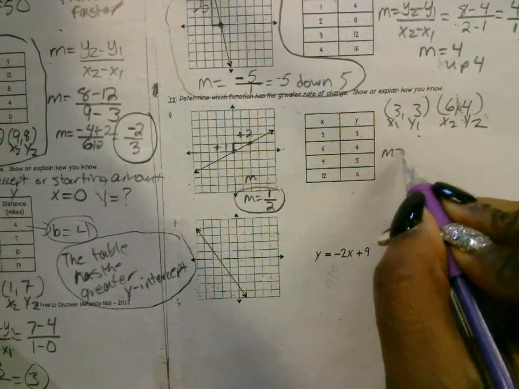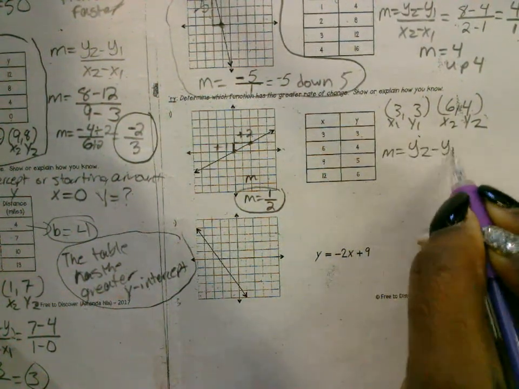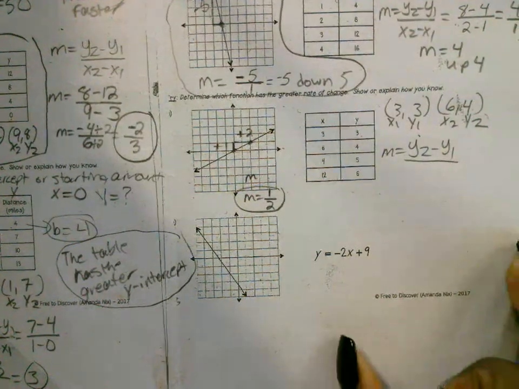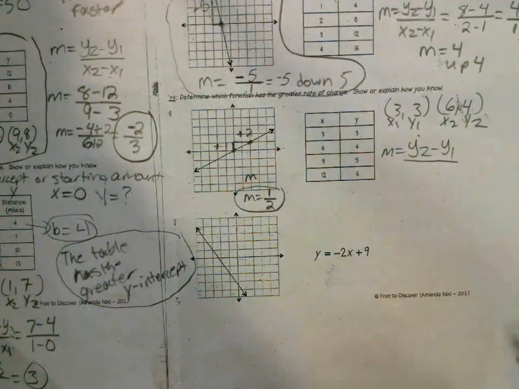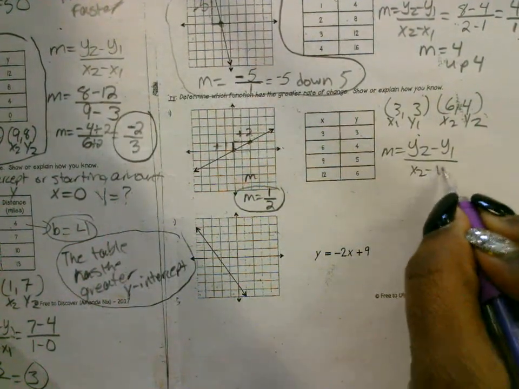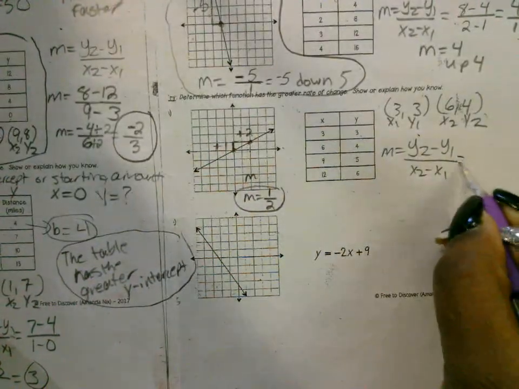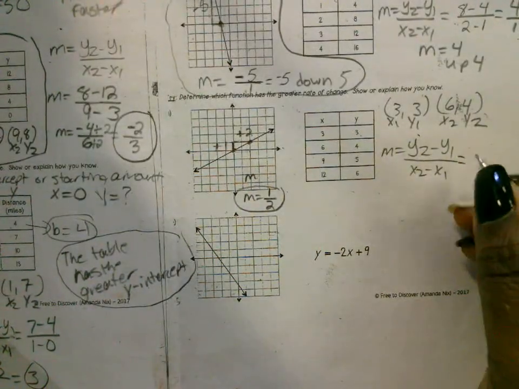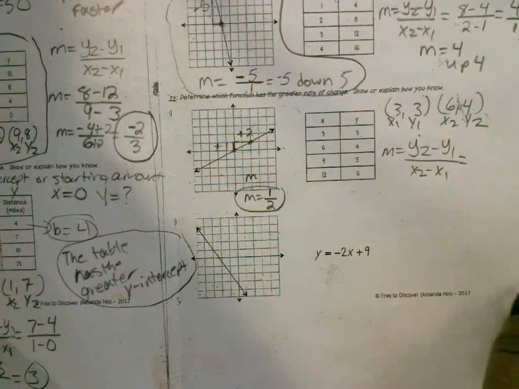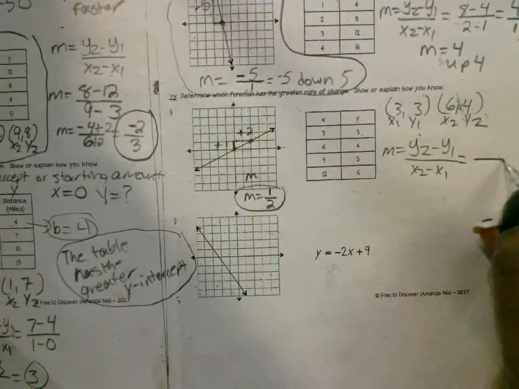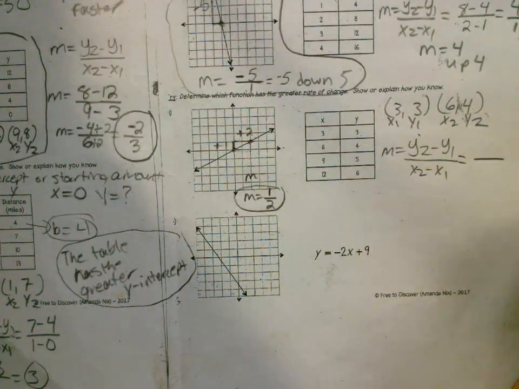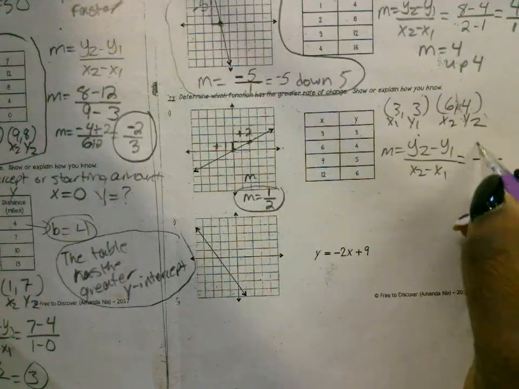Okay, so I'm gonna write the formula. Please write the formula each time so that you can substitute it right. All right, what am I gonna put on the bottom? What are we gonna put on the top? What's on the top? 4 minus what?